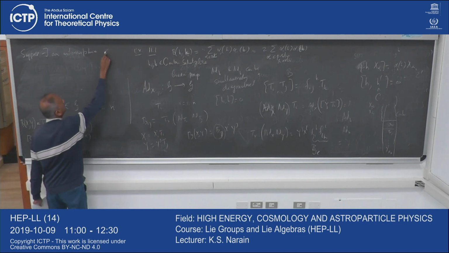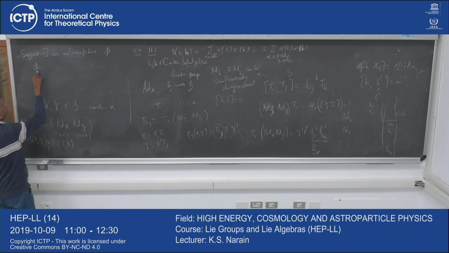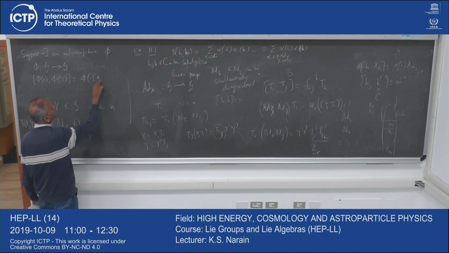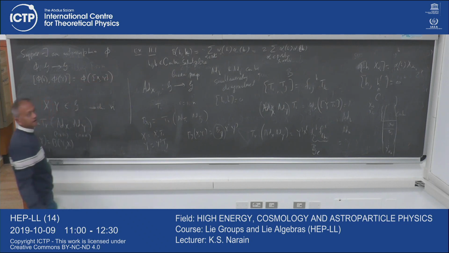Let's call it phi, which maps the Lie algebra to the Lie algebra, and furthermore the bracket of phi of x and phi of y is the same as phi of the bracket of x and y.